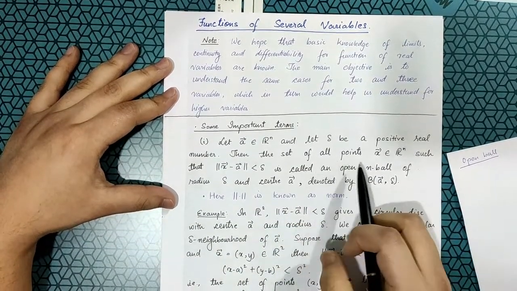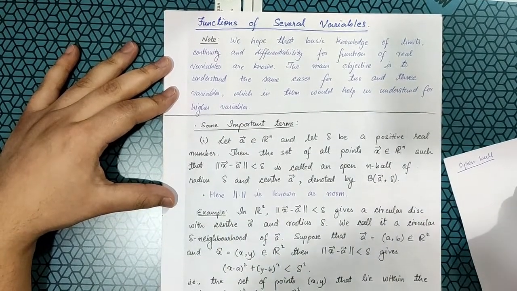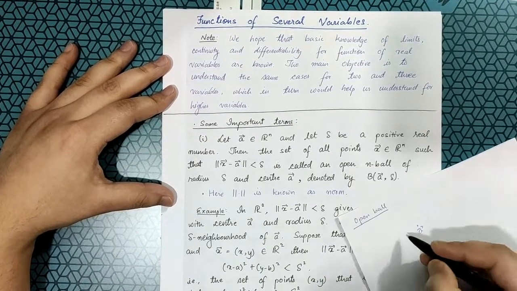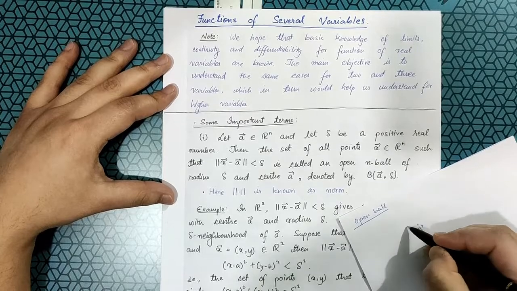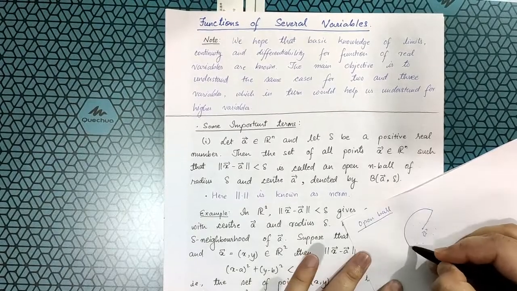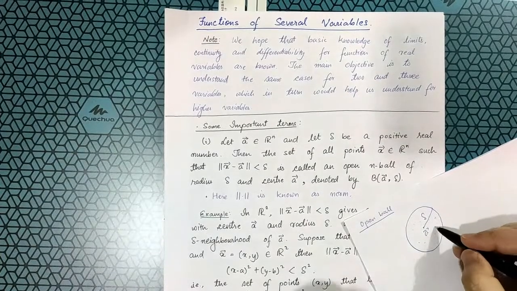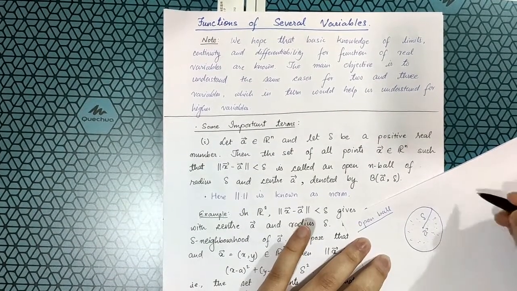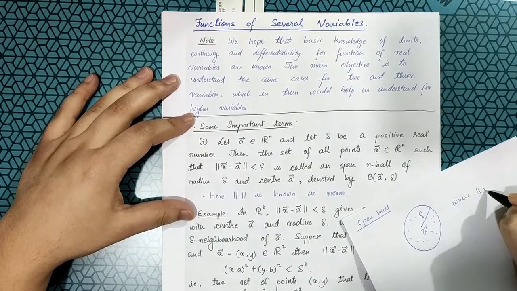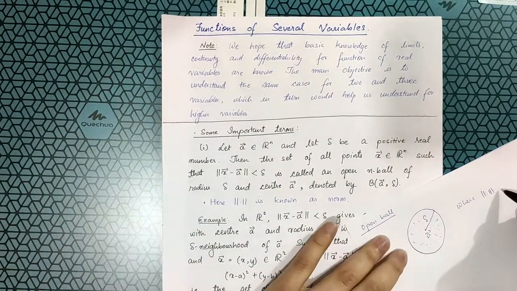Then the set of all points x belonging to Rn such that the distance between, like if this is a point, then the set of all those points which are in the delta neighborhood of A, the collection of these x's, is known as open set, where this is norm, as we know in vector space.